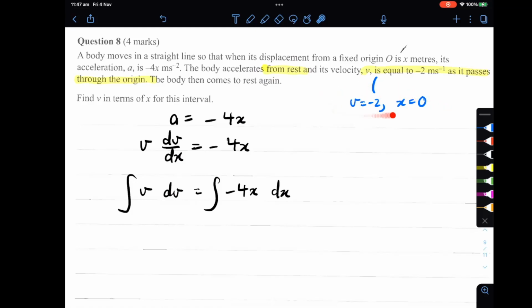And if we have one initial condition, it makes sense that we can just use that initial condition and then find v in terms of x. So we're just going to sub that in. So we're going to get negative 2 and then 0. That was the initial condition. And we can put v and x on top. Now once again, we're going to have to replace all of these with dummy variables too. Okay, so that's how I would go about that.